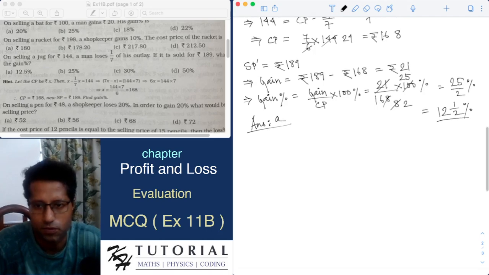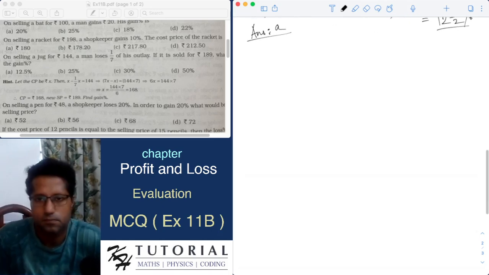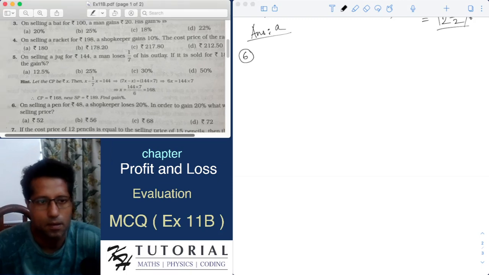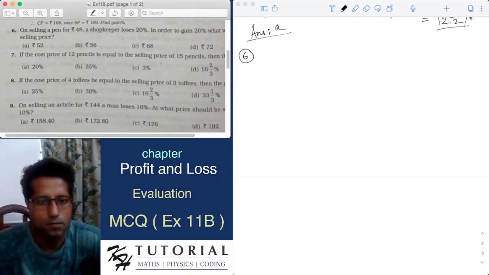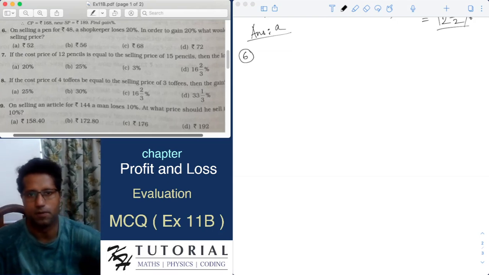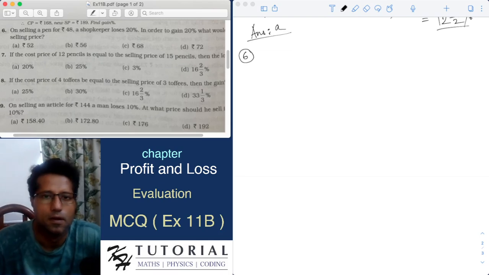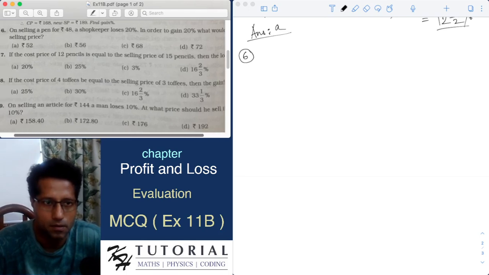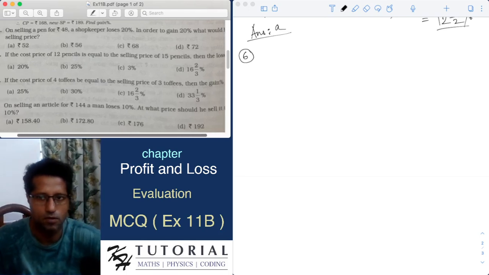Okay, let's do question number 6. Question number 6 says that on selling a pen for rupees 48, a shopkeeper loses 20%. In order to gain 20%, what would be the selling price? So first we have to find the cost price.